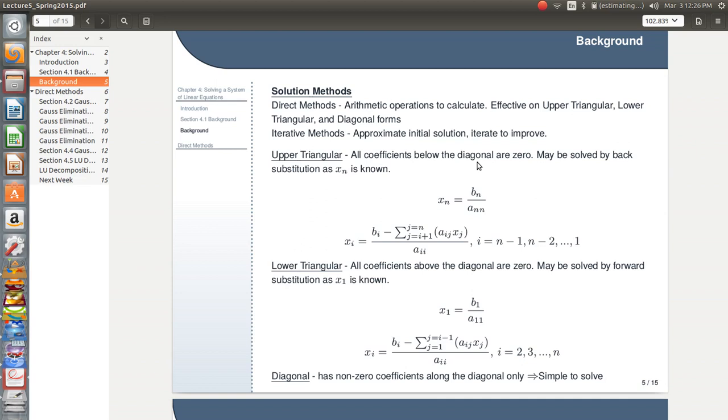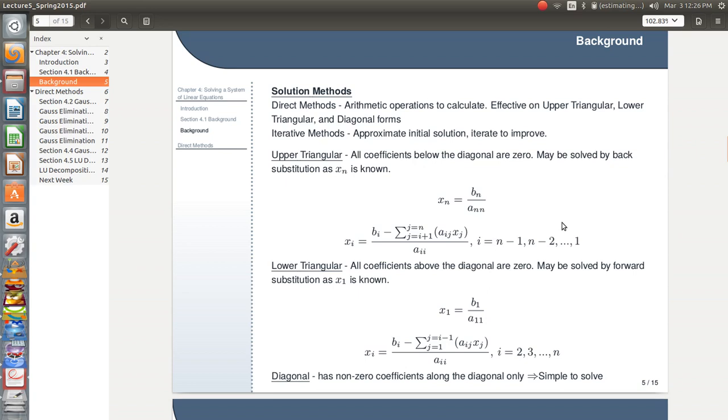We can then use back substitution to start at the end of our chain of variables, x sub n, to calculate a coefficient, and then use that to go back and calculate each variable value for our final solution.